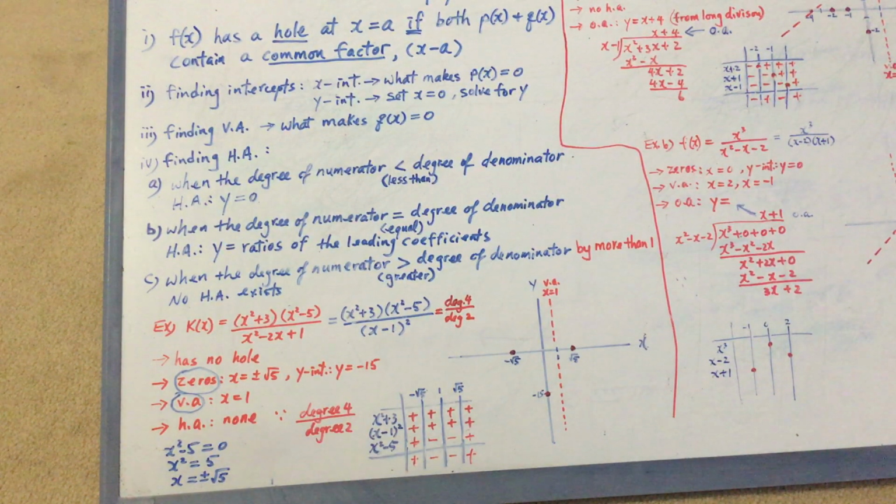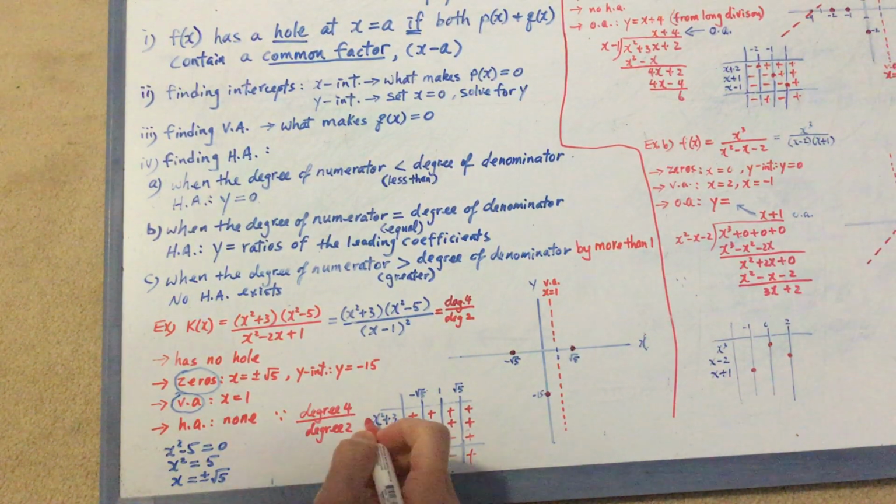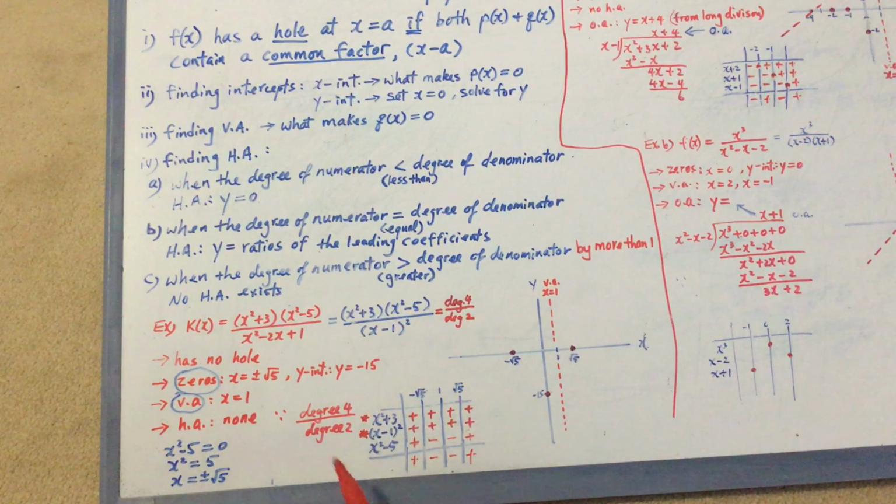Anything to the power of 2, you don't really need to include on your factor table. So these two rows are not necessary, but even if you put them there, everything is positive. When everything is positive, it does not change anything that you do underneath.